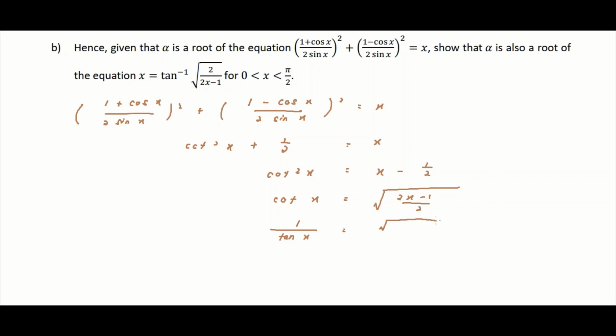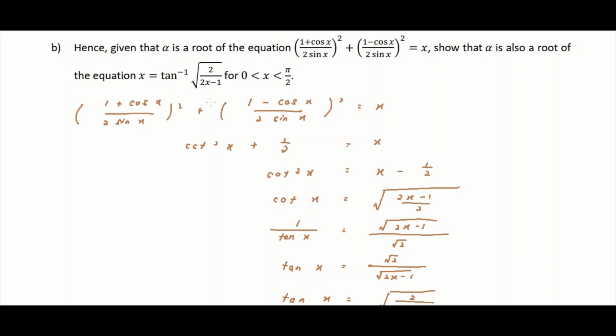The square root can always be split into two parts, like square root 2x minus 1 and square root 2. As you rearrange it and solve for tangent x, it will be equal to square root 2 over square root of 2x minus 1. Now let's combine them back together.